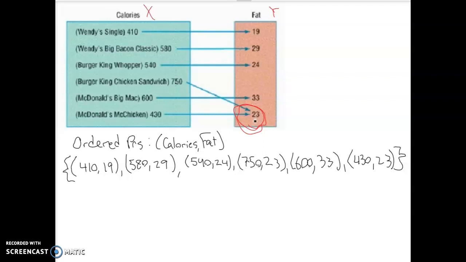So we can say that yes, this relation is a function. Why is it a function? Because our definition for function says that for each X in the relation, there is exactly one element of Y.